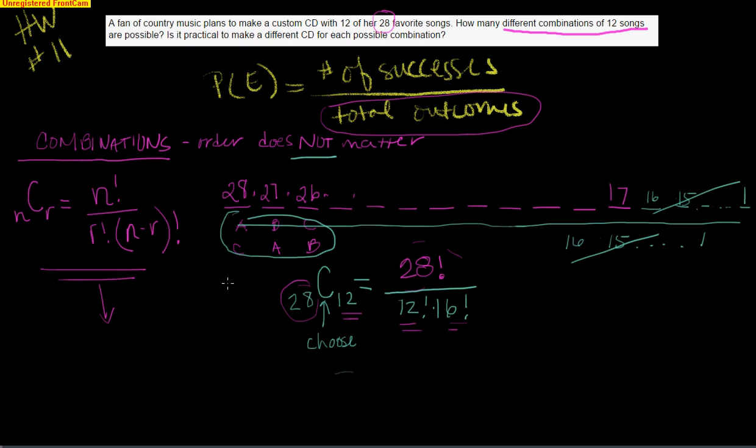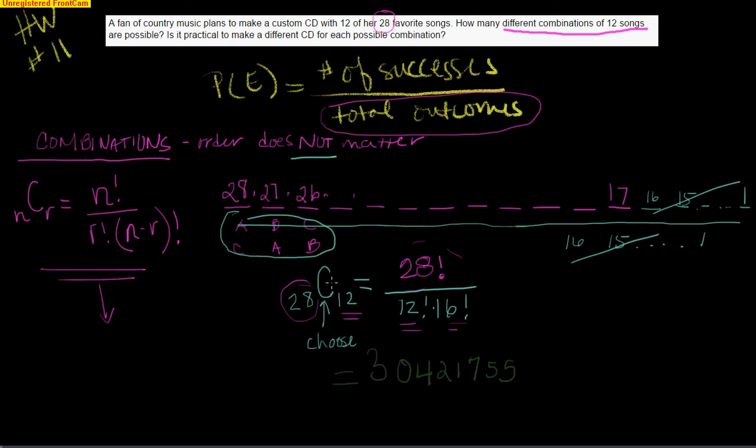This number is going to equal 30,421,755 is what I get. And that is 28 times 27 times 26 times 25 times 24 and so on all the way down, divided appropriately.